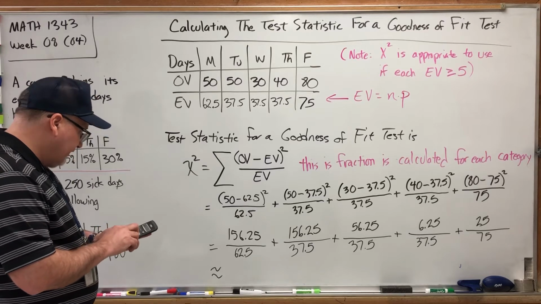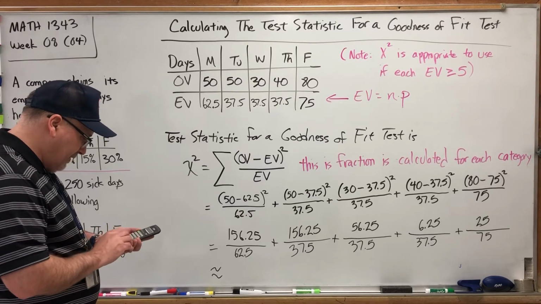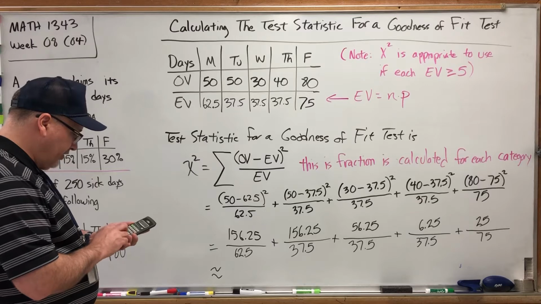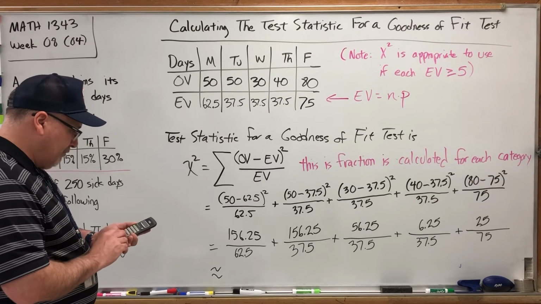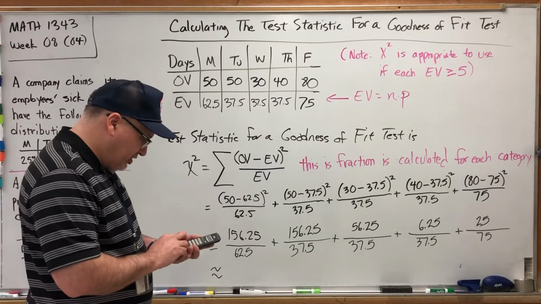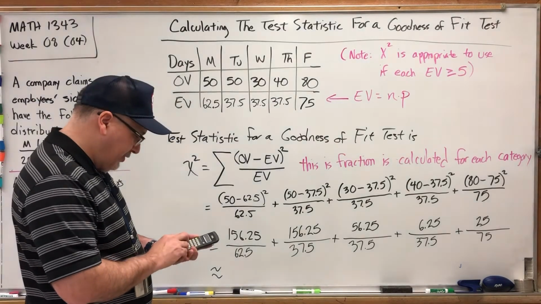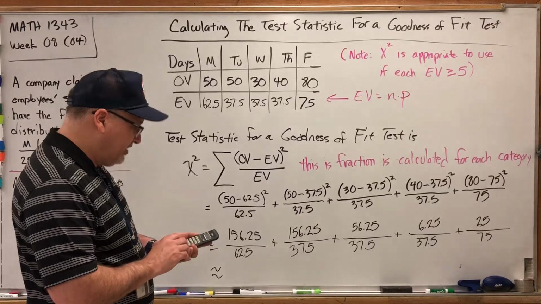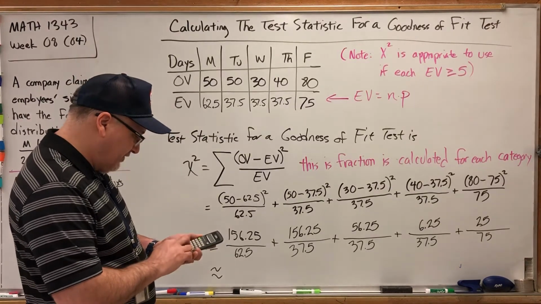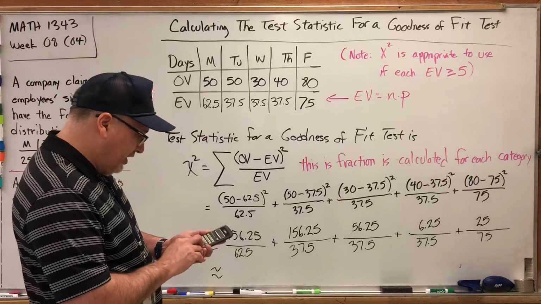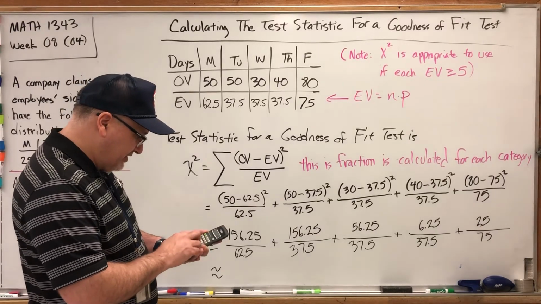156.25 divided by 62.5 plus 156.25 divided by 37.5 plus 56.25 divided by 37.5 plus 6.25 divided by 37.5 plus 25 divided by 75.